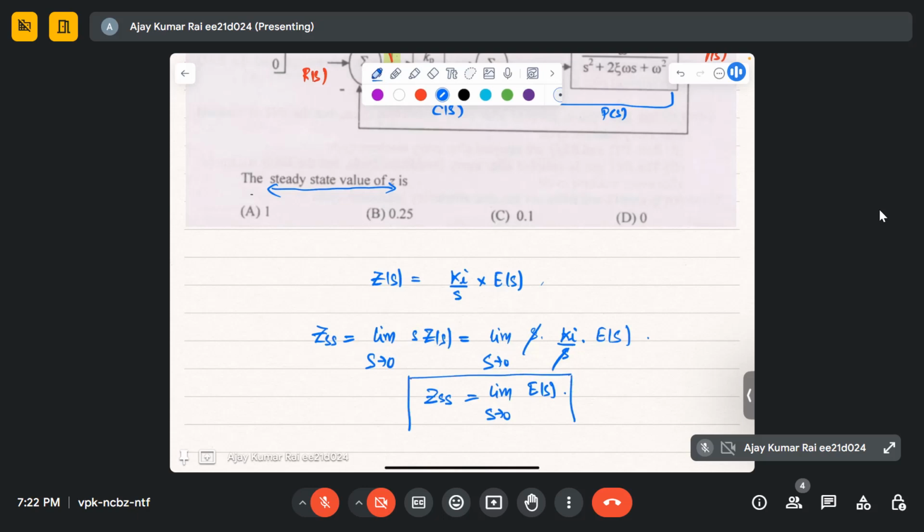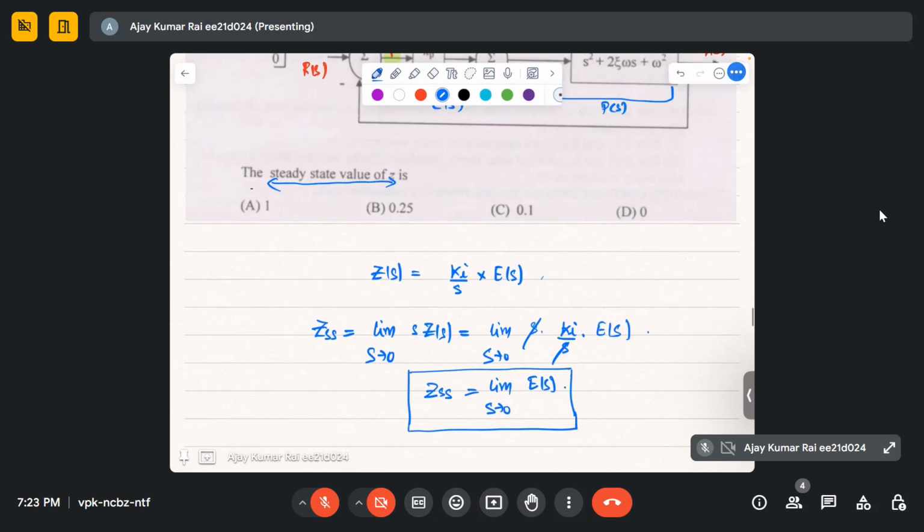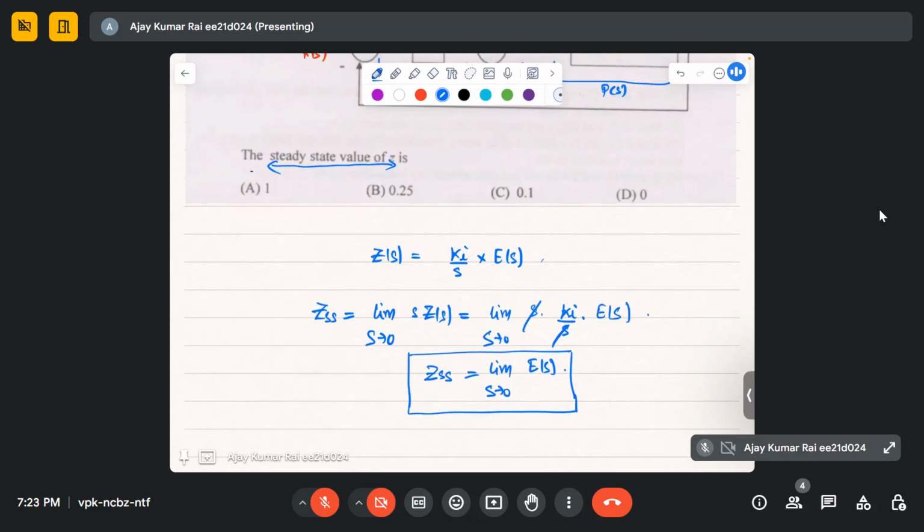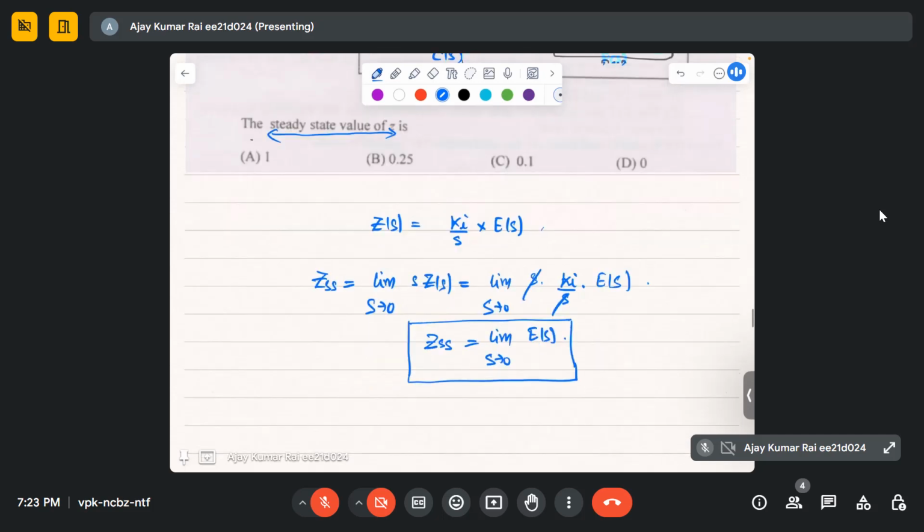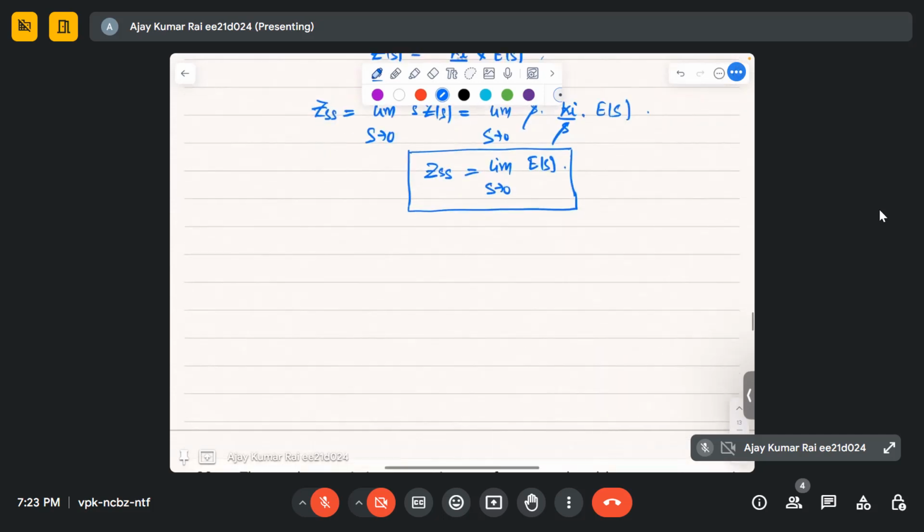If I know the value of E of s, I will know the steady state value of Z. Now let's find out what is E of s. So directly I can write E of s as R of s by 1 plus G(s)H(s).